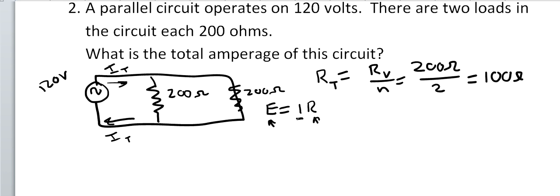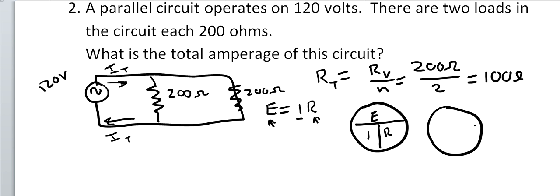resistance to get IT. If that doesn't make sense, just draw your circle. E equals I times R, and then plug in your values. E is 120 volts. I is what we're solving for, and total resistance is 100 ohms. And you can see that 120 divided by 100 is going to equal your total amperage.